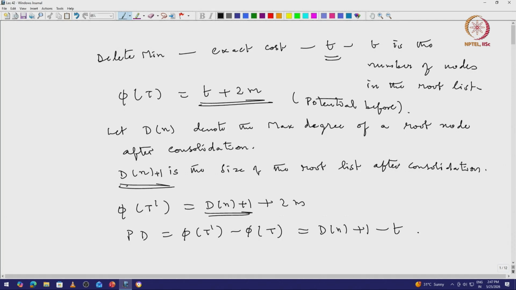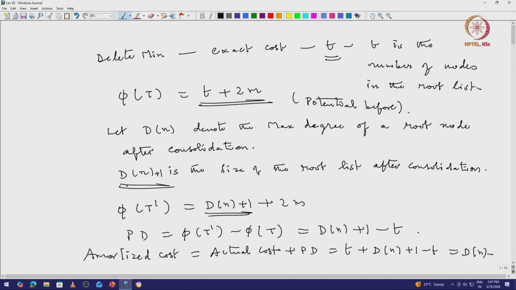The 2m and 2m cancel, and now you see that this is the potential difference. Therefore, amortized cost equals actual cost plus potential difference, that is equal to t plus dn plus 1 minus t, that is equal to dn plus 1. This is the amortized cost.